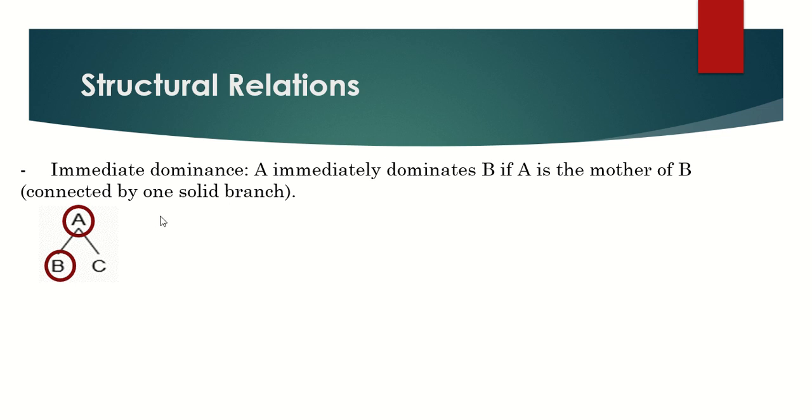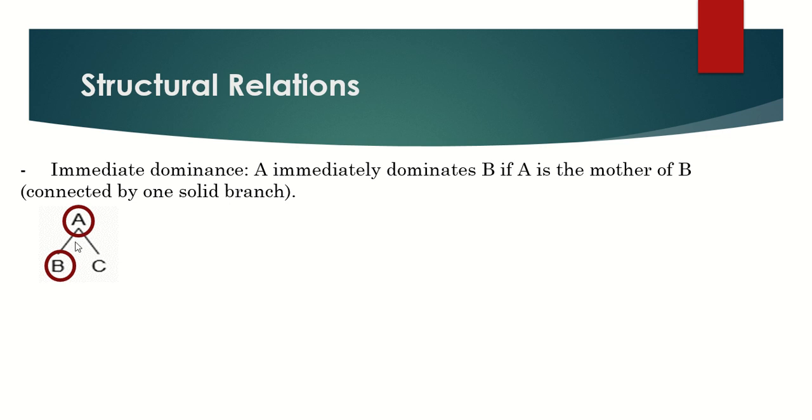Like when you studied genetics in science, what appears above is the mother, and what is under are daughters. What are under the daughters are the descendants, the granddaughters, etc. So here we have immediate dominance. Why? Because they are connected by just one solid branch. So A here is the mother of B.